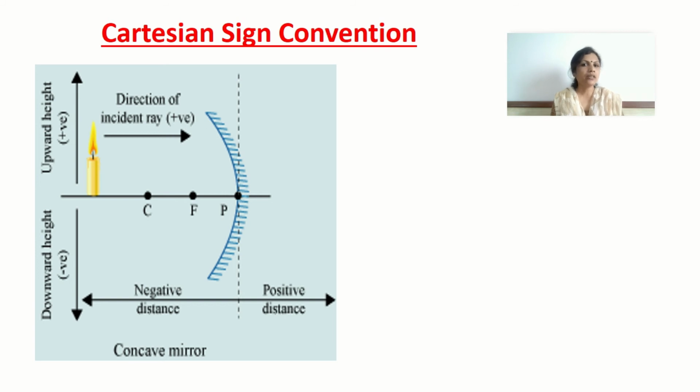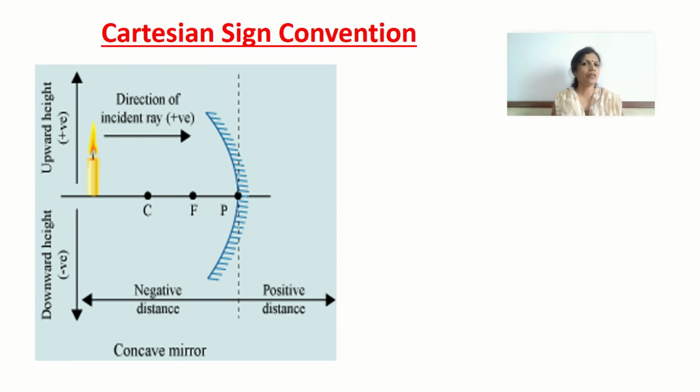You have to consider the pole as origin. Please bring your graph paper in front of your eyes. What we called the origin, the origin is our pole here. You all are aware that all the distances towards the left side of the origin are negative, towards the right side positive, above the origin positive, and below the origin negative.